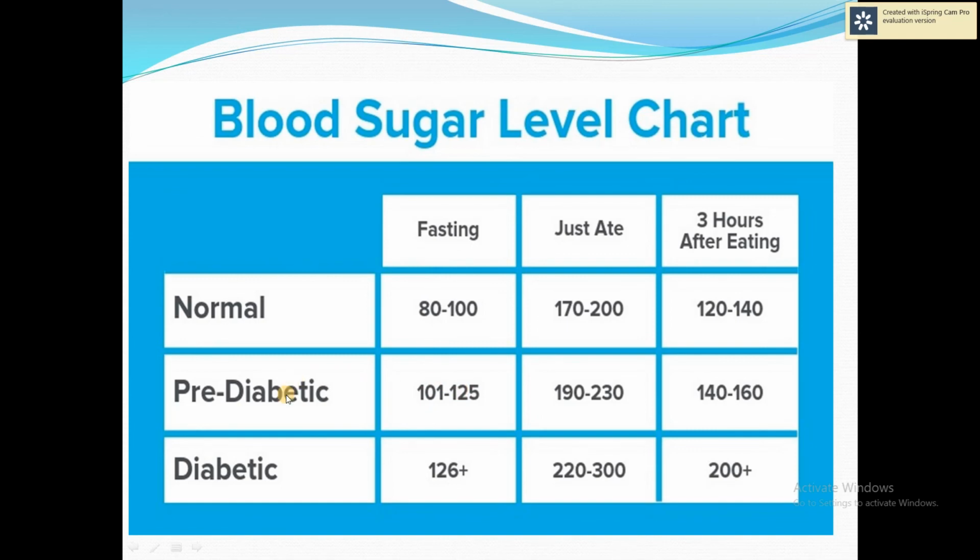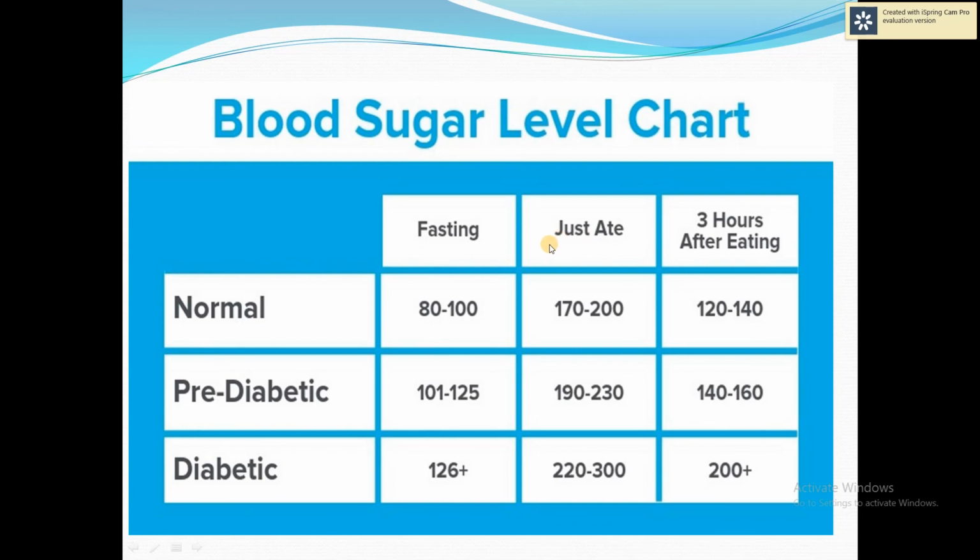You'll have to take many precautions so that you don't come into this list. And if, in the fasting condition, your blood sugar level is 126 plus, then you are diabetic. You really need to take care of yourself and your lifestyle.